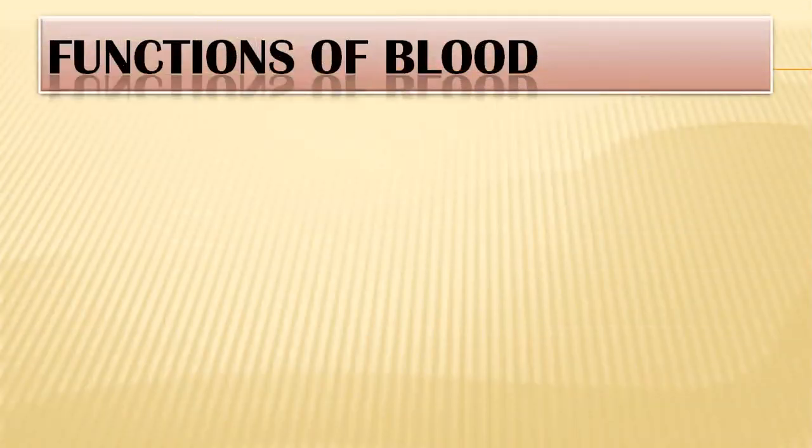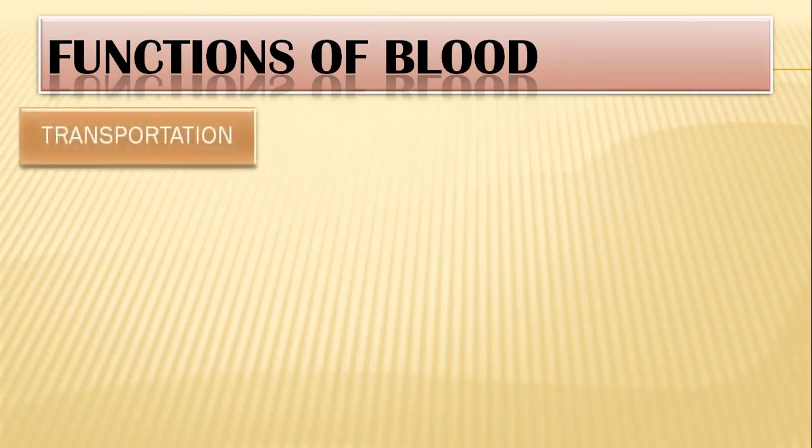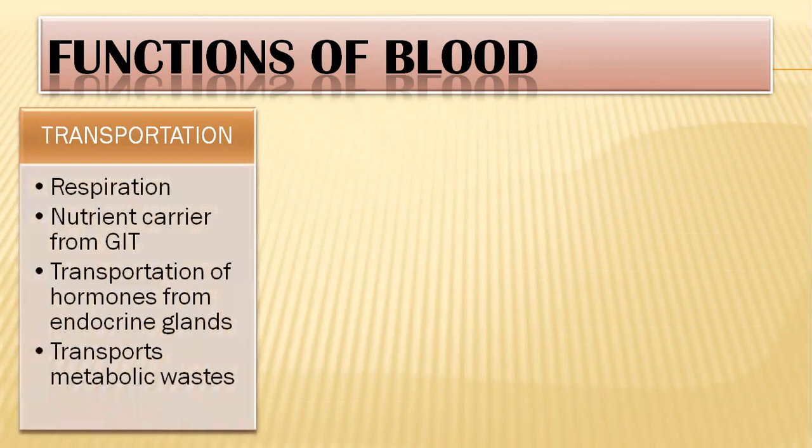Okay, the major final thing that we'll discuss in this class is the functions of blood. So the functions of blood, starting with transportation. Okay, so blood is involved in transportation. So it involves gases that are transported, nutrients that are carried from the GIT to other cells, like I mentioned.